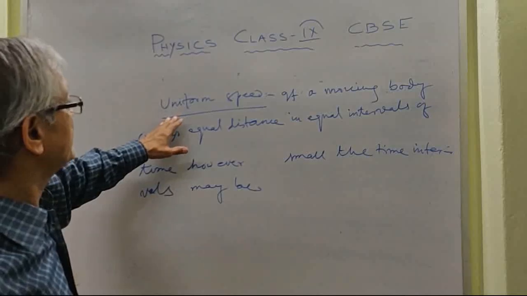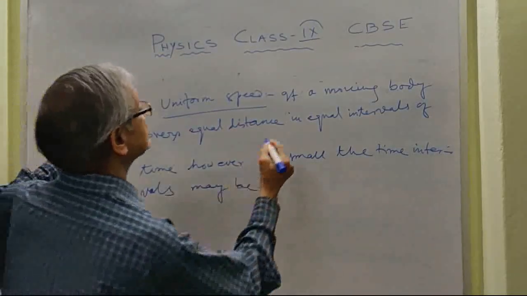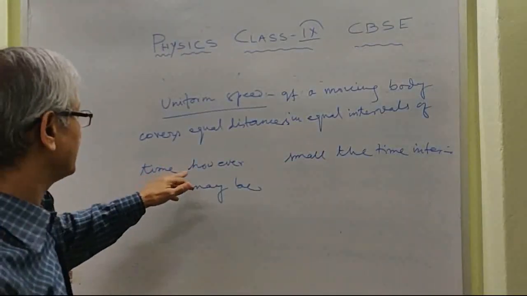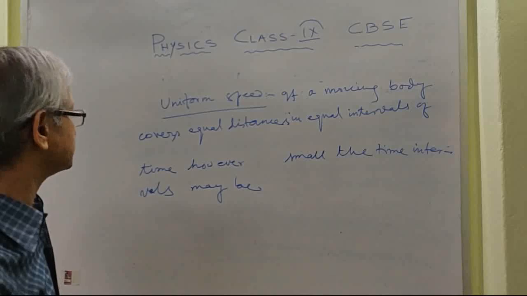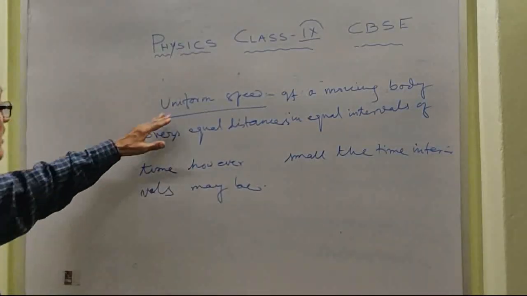Now, what is the uniform speed? If a moving body covers equal distances in equal intervals of time, however small the time intervals may be. This definition is sufficient for the uniform speed.